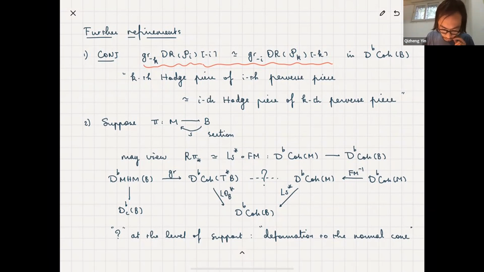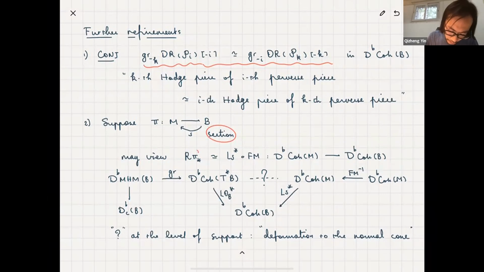So far, we're trying to relate the P_i's with the omega i's by making them meet. And in the end, we decided to make them meet in the derived category of coherent sheaves on B, but they might meet even in a better place. So now, suppose for simplicity that my Lagrangian fibration has a section.